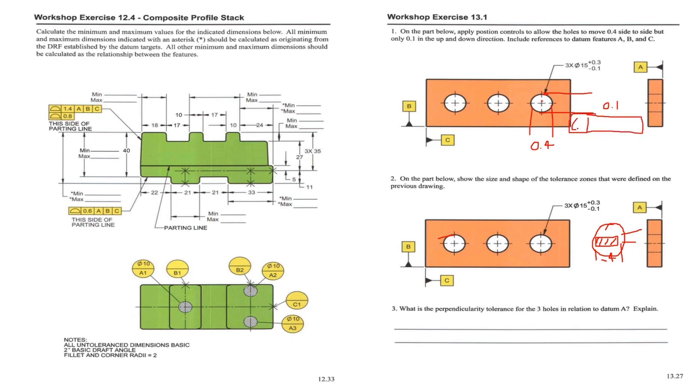The first is the symbol of position, and then the 0.1 tolerance with the maximum material condition, with datum A and B and C. And similarly, for the position tolerance shown as 0.4, we can show the datum reference frame here on this side of this position 0.4.